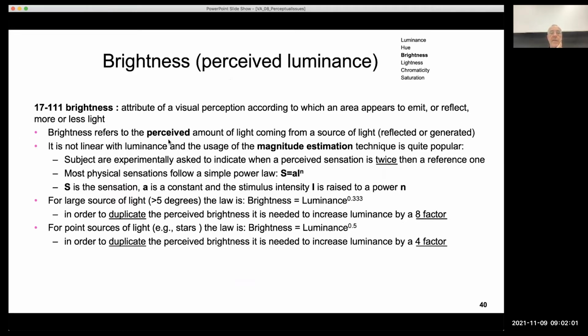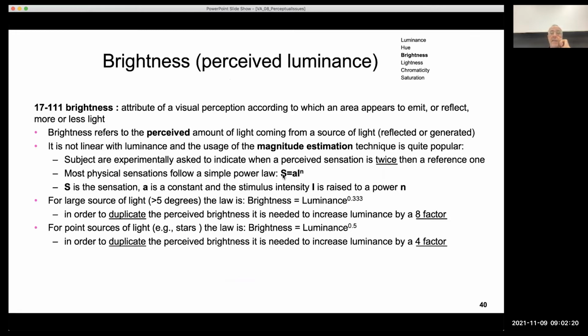It is a perceived stimulus, and it is not linear with the luminance. Typically, the human senses follow a non-linear formula.